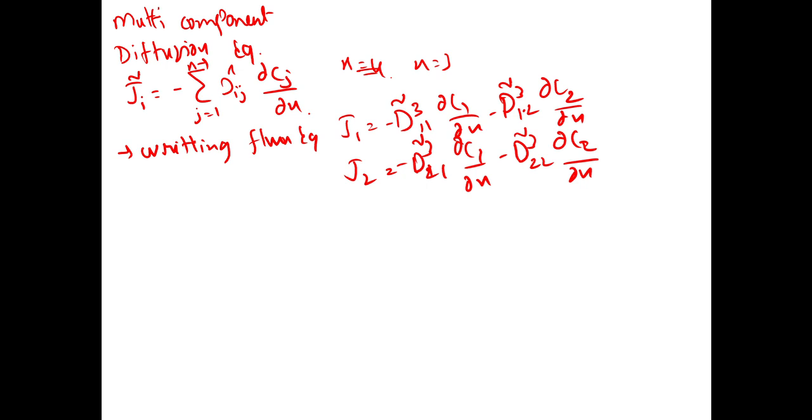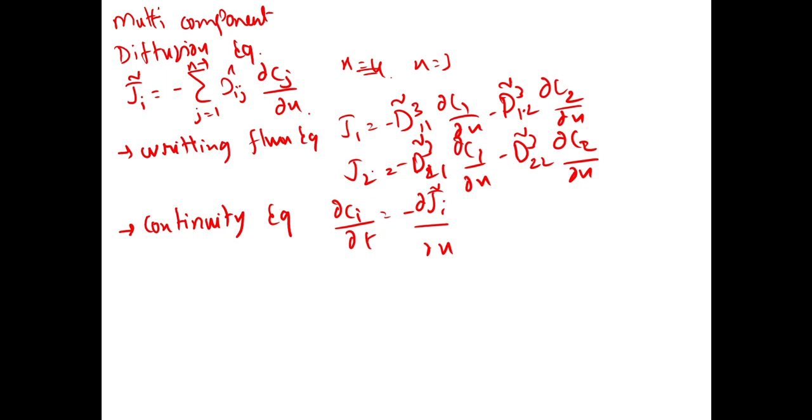Then apply the continuity equation. For this given condition, the second step is the continuity equation, dou ci by dou t equals D tilde into dou.